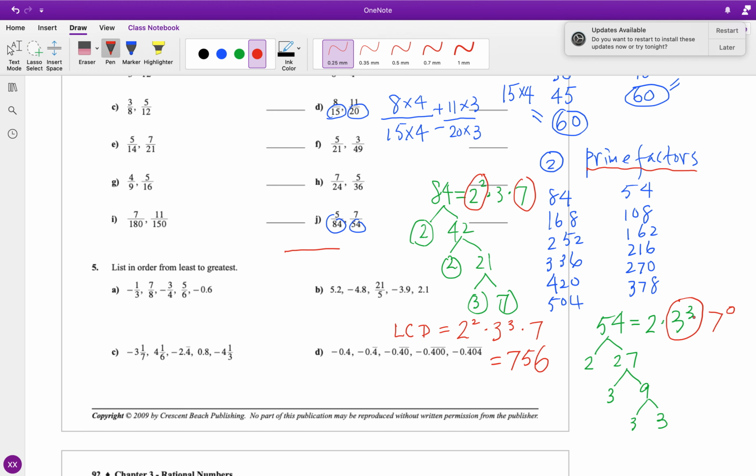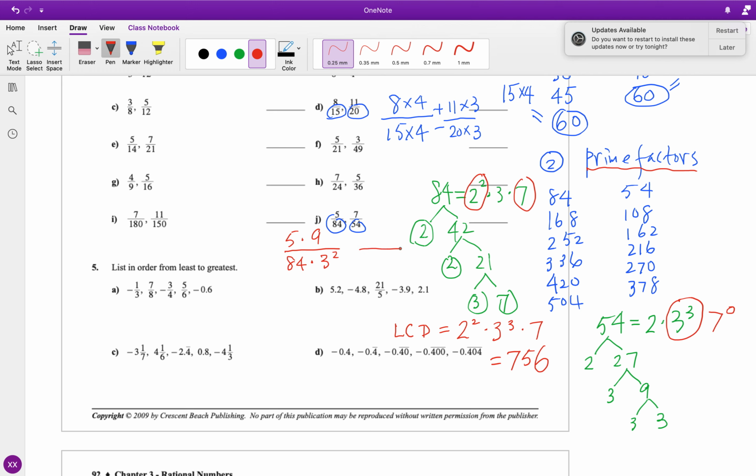You see, because from the difference here, you have another 3 to the power of 2. So then you just have to multiply 84 by 3 to the power of 2, which is 9. So 84 multiplied by 9 is that. So then your top will be 5 multiplied by 9, right?